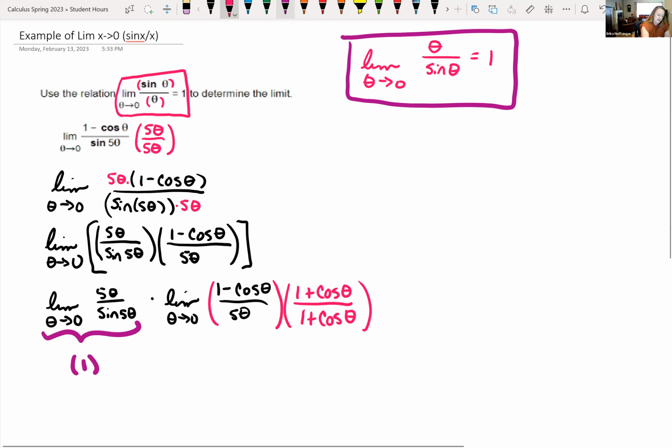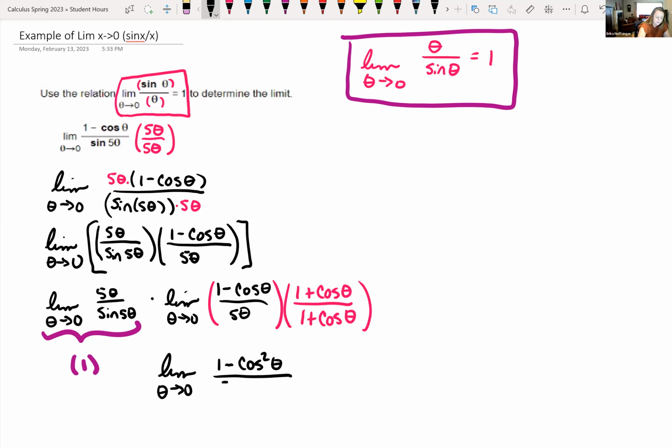So I have this 1 times my limit, and 1 times the limit is just the limit. And so I have now the limit as theta goes to 0. Multiplying out the conjugates, I would get 1 minus cosine squared theta all over 5 theta times the quantity 1 plus cosine theta.